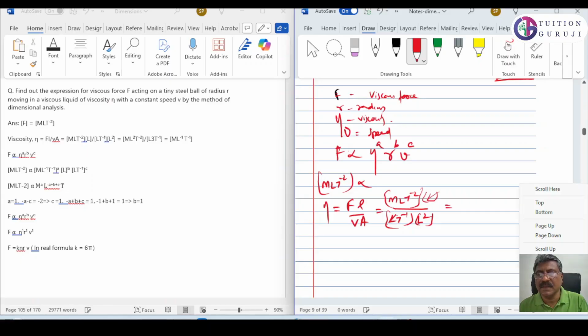L and L get cancelled, then one more L gets cancelled here. Now it is M T raised to minus 1, T raised to minus 2 gets cancelled. L raised to minus 1, T raised to minus 1. It will be M L raised to minus 1 T raised to minus 1. That is eta.